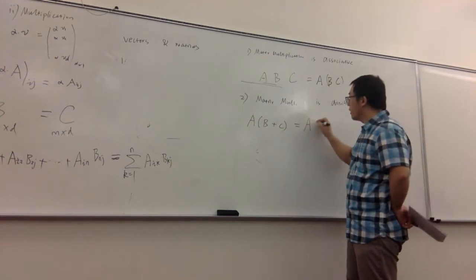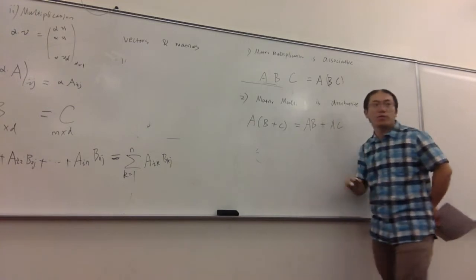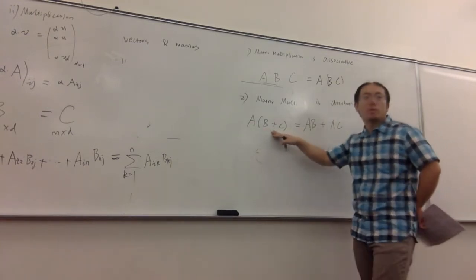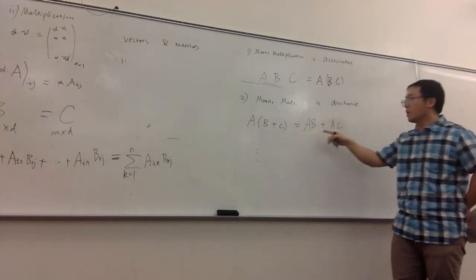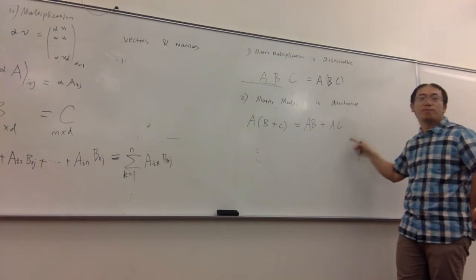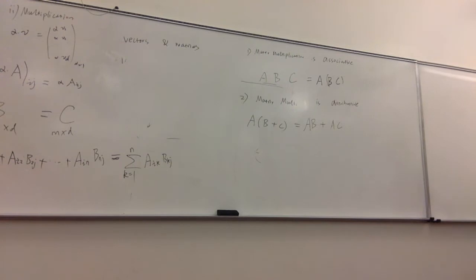So it's equal to AB plus AC. Of course, this also applies to the summation of more than 2 matrices. You can have B plus C plus D, and you end up with AB plus AC plus AD, and so on. So this is also consistent with the distributive law in scalar multiplication.